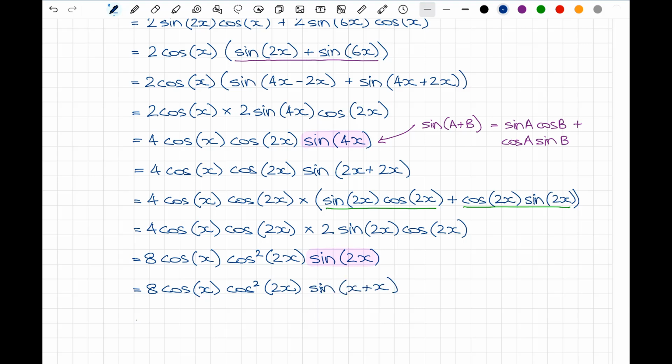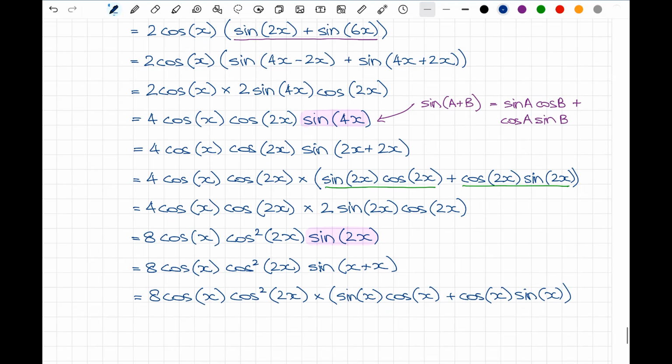and in exactly the same way we work through the result, and this will be times sine of x cos of x plus cos of x sine of x.